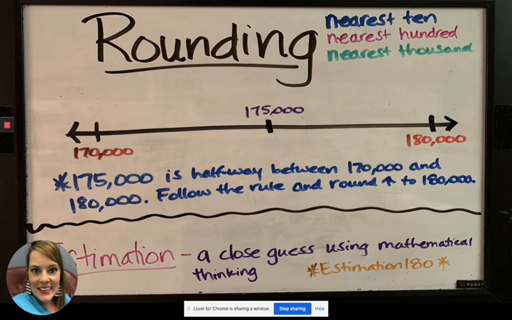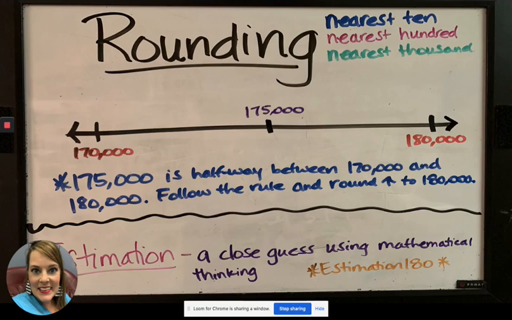So in that case, since the distance between both numbers is exactly the same, you have to follow the rule and round up to 180,000. Remember, the rule is if it's 5 or more, then you're going to round up. If that was 174,000, then you would have rounded down to 170,000.